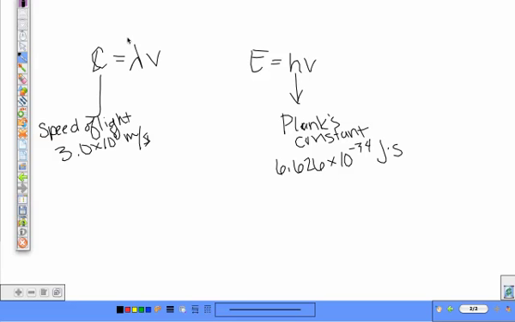And what does this lambda stand for? And that's in meters. And how about V? Frequency, which is in hertz.